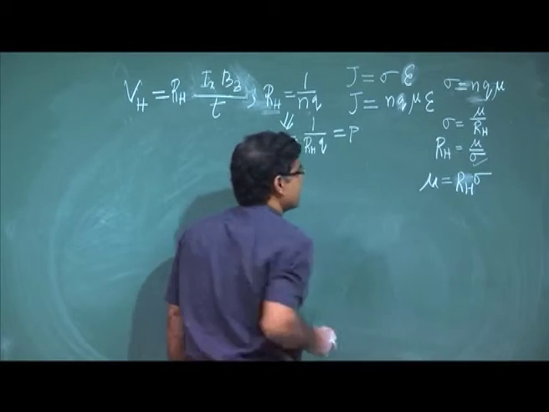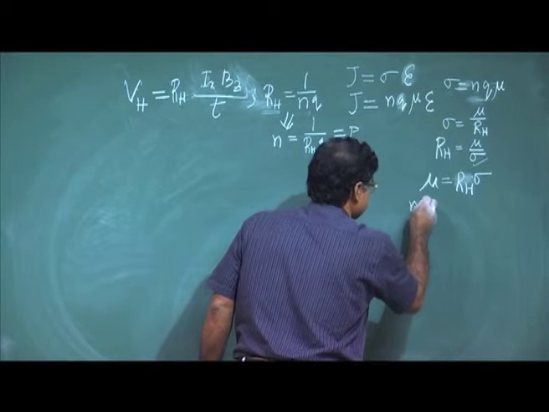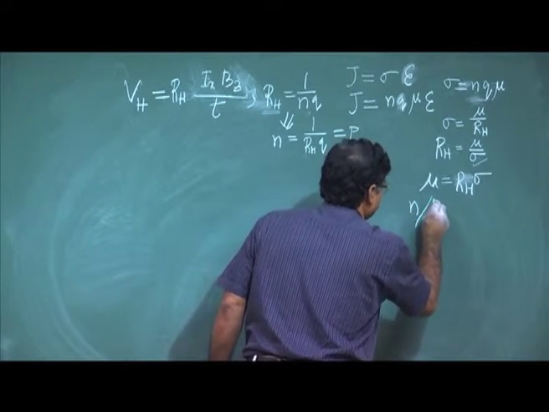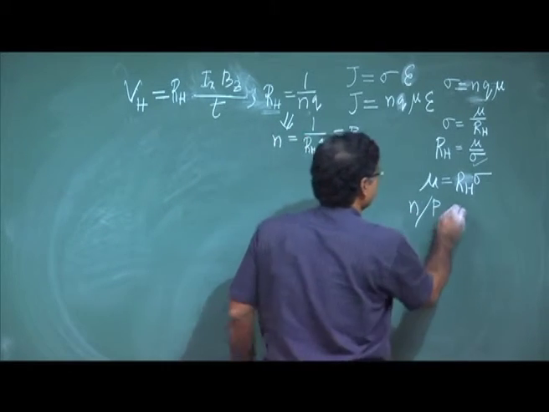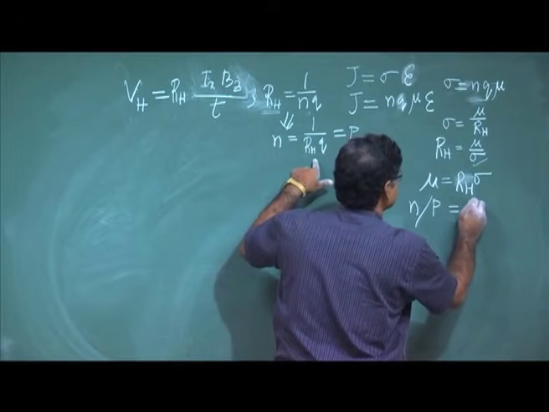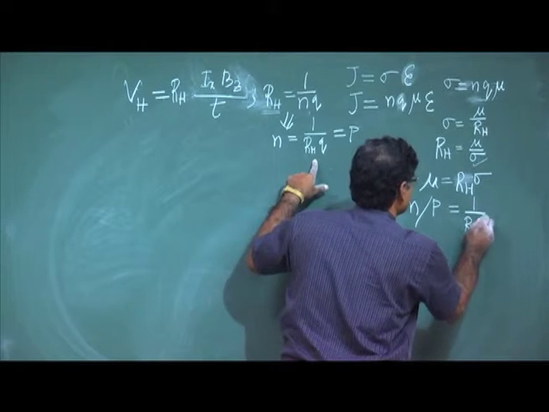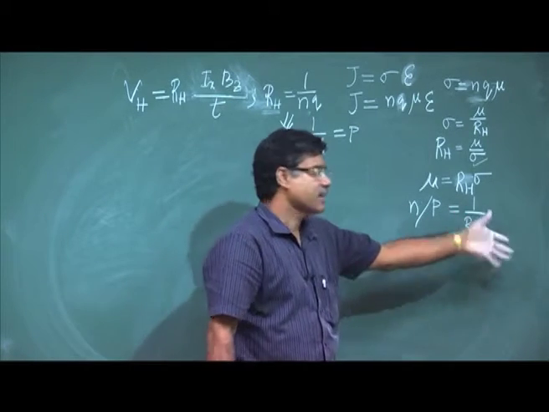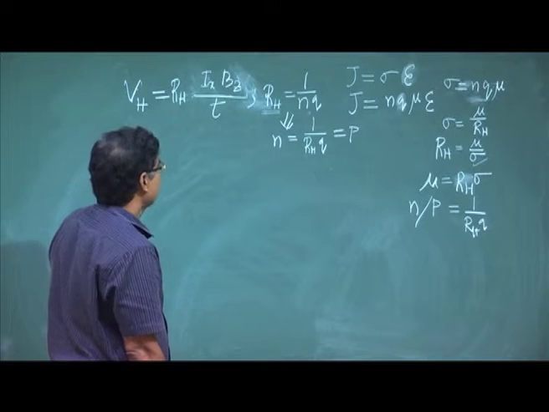So, I want to get the mu value, I want to get the carrier density, N or P, that I will know if I measure the RH, so that is 1 by RH Q, depending on the sign of this. So, I can find out the type of carriers, fine.